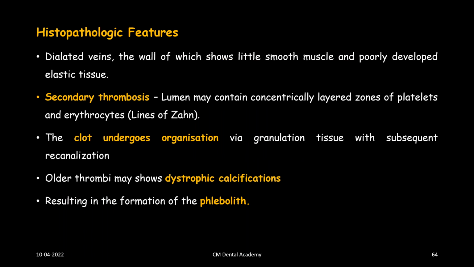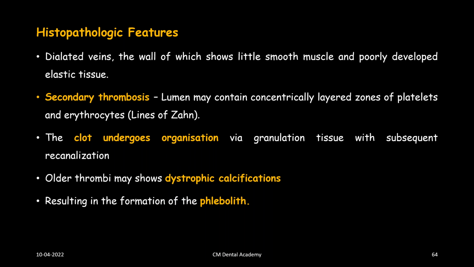Histologically, it presents with dilated veins, the wall of which shows little smooth muscle and elastic tissue. Secondary thrombosis occurs. The lumen contains concentrically layered erythrocytes. The clot undergoes organization via granulation tissue with recanalization.